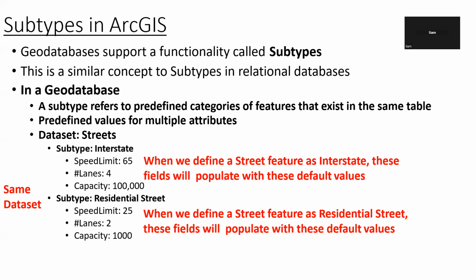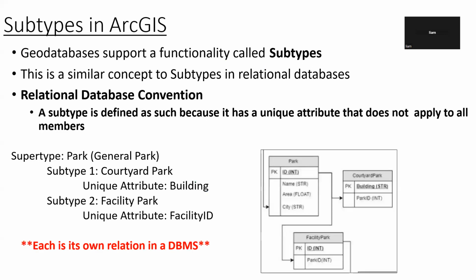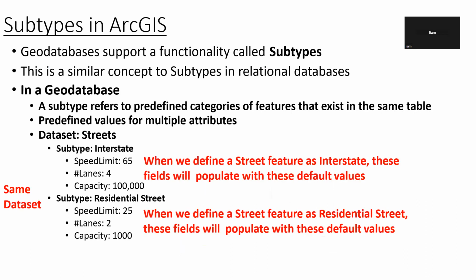So it's not a separate table. In a relational database, subtype is actually a separate table, right? Because in a park table, the courtyard part and facility part are in separate tables, right? But in ArcGIS, this is regarded as columns in the same table.